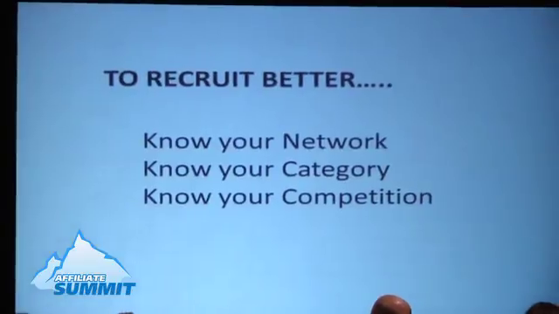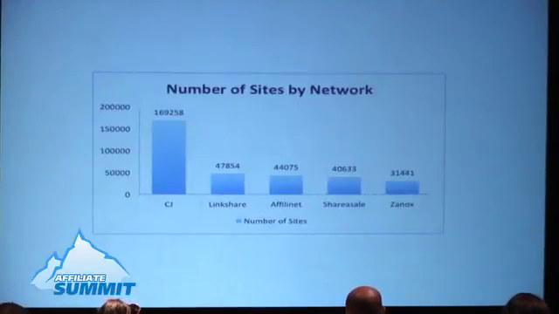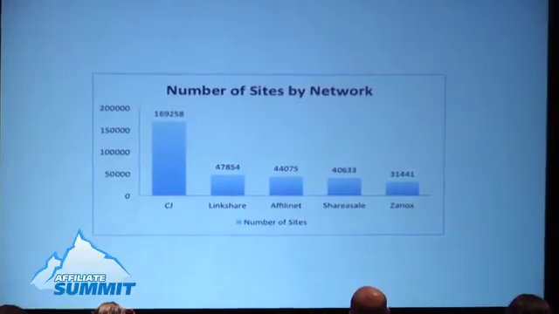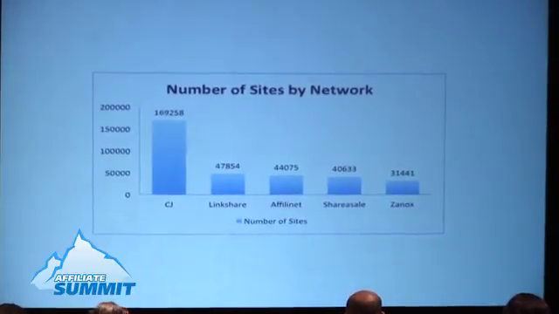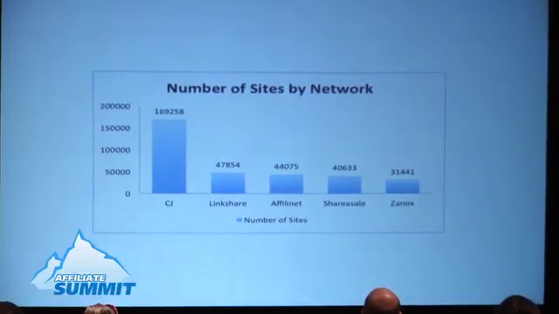So as I was preparing for this session, I was digging into the database we've got at 5IQ, and I just started looking at how could I aggregate data to look at some interesting trends. And I started by looking at the networks to see how many affiliates we have in each of the networks within our database. Just looking at the number of sites isn't particularly actionable.